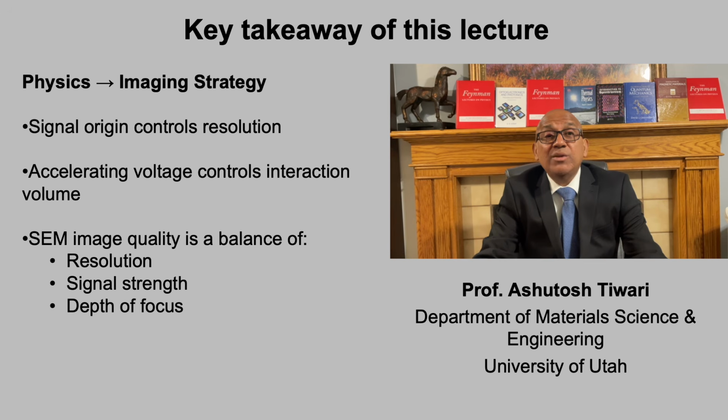Improving resolution may reduce signal strength. Increasing signal strength may compromise resolution. Enhancing depth of focus often comes at the expense of lateral detail. Effective SEM imaging therefore requires understanding these trade-offs and deliberately choosing operating conditions that best match the scientific or engineering question being addressed.